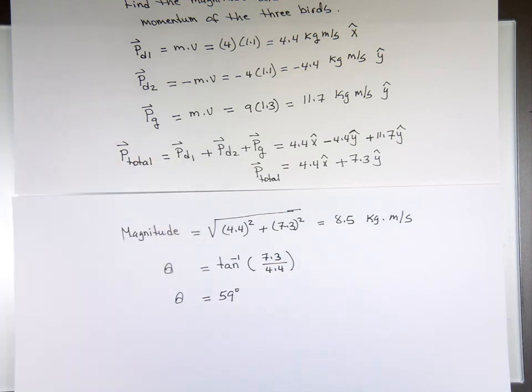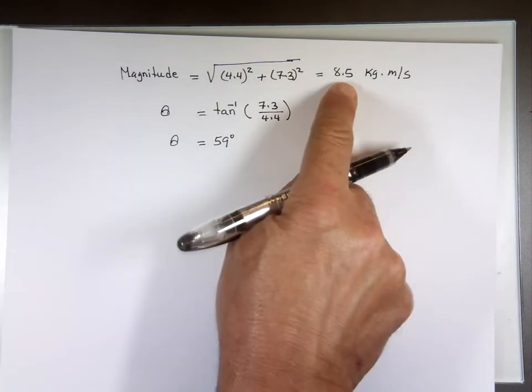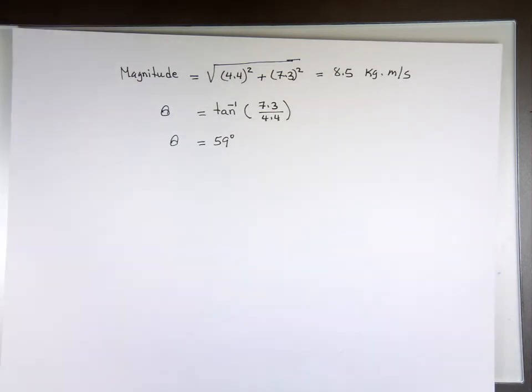Remember, I said linear momentum is a vector, so it should have a magnitude and a direction. This is the value of it, that's the direction. So the two ducks and the goose will have a combined linear momentum equal to that number. So that's the first topic, linear momentum.